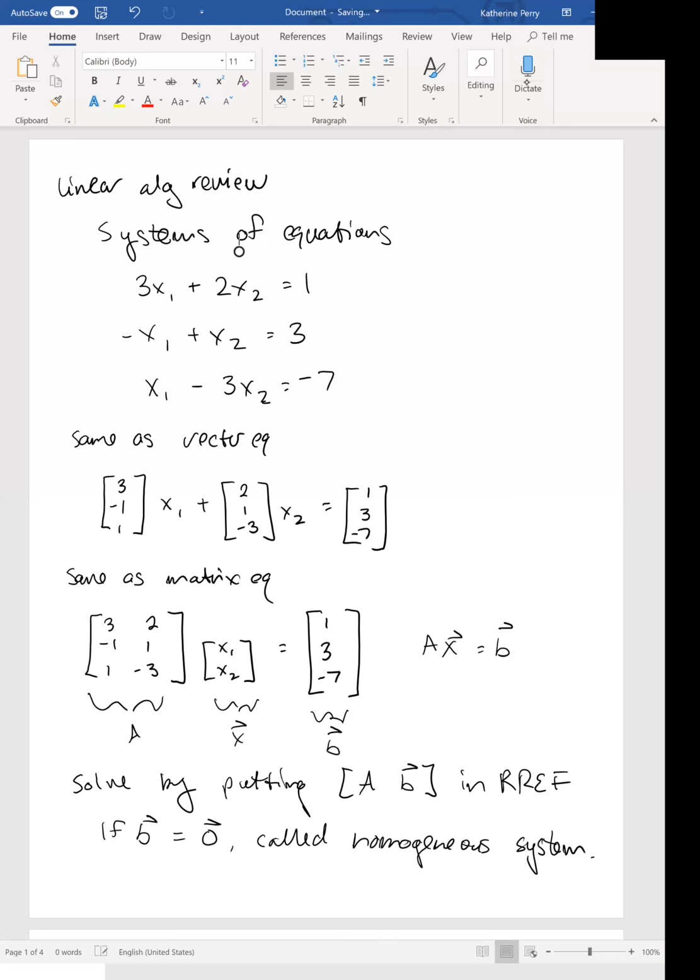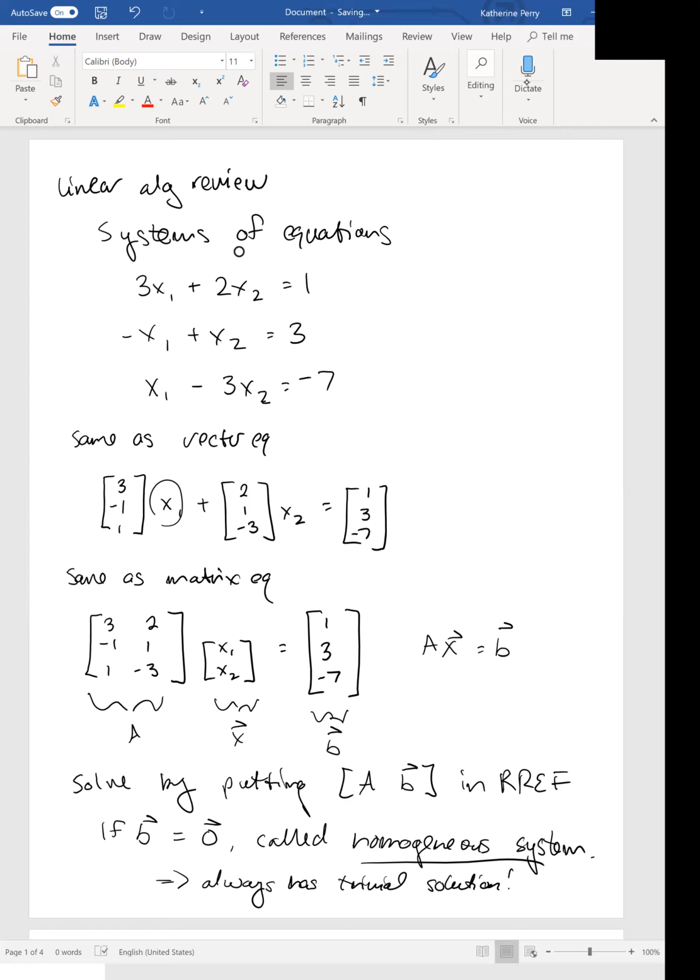And if this is the case, then we know that there's always one solution, which is the trivial solution, and that's to let the x's all equal 0. So it always has the trivial solution.